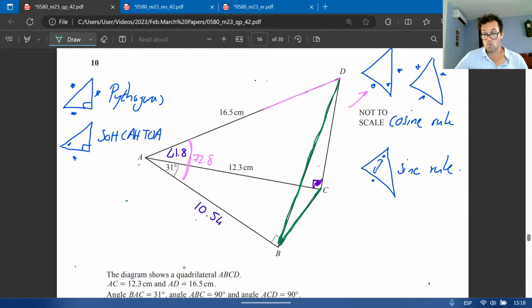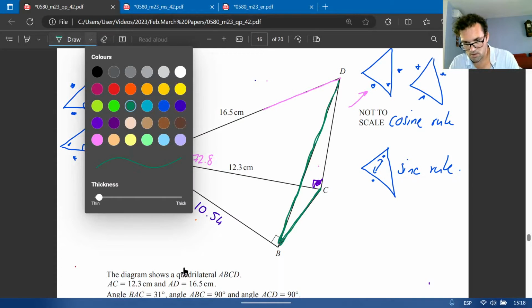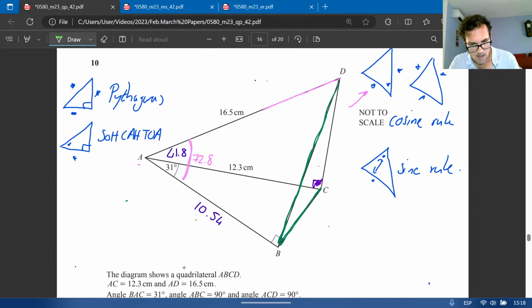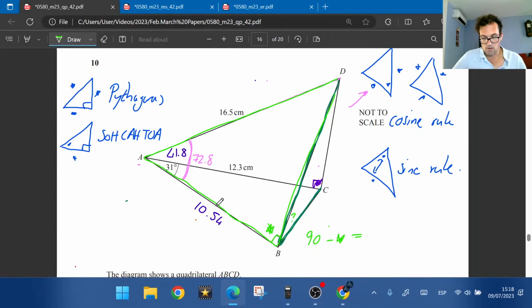My plan, I think this is what I'm gonna do, I'm gonna use this triangle here to work out this angle. And then because this is 90, I can subtract that angle and then I'll have the angle we want to know. Alright, do that because I've got some information.